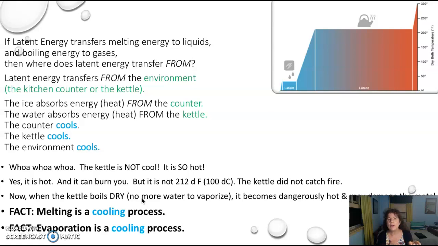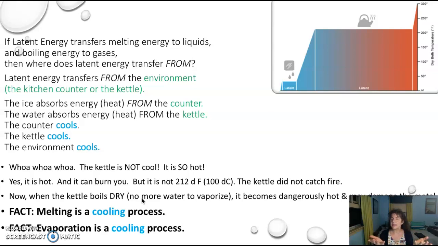Well, the counter is warmer than the ice cube. And so the counter transfers its energy into the ice cube, and the ice cube absorbs the energy. As the counter transfers its energy into the ice cube, the counter loses energy. It transferred it out. The counter cools.